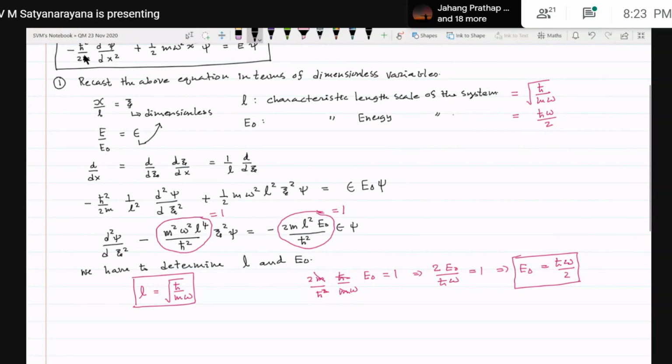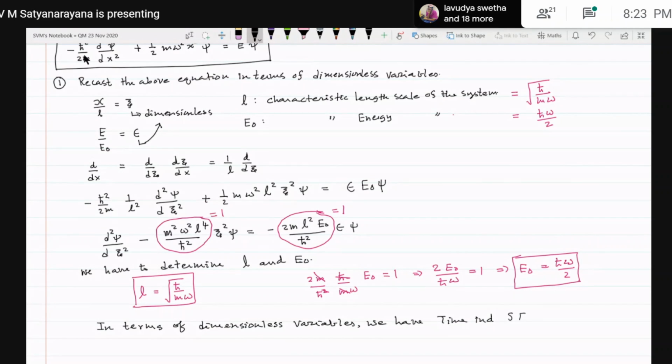So in terms of dimensionless variables, we have the time independent Schrodinger equation.